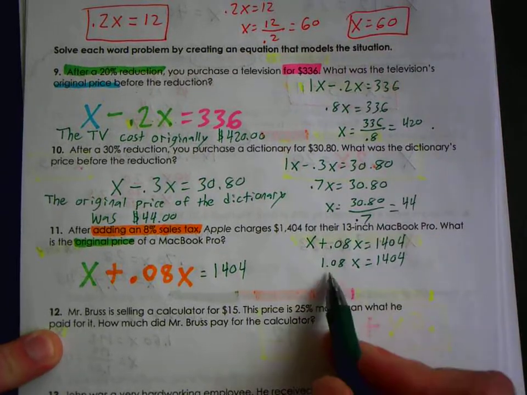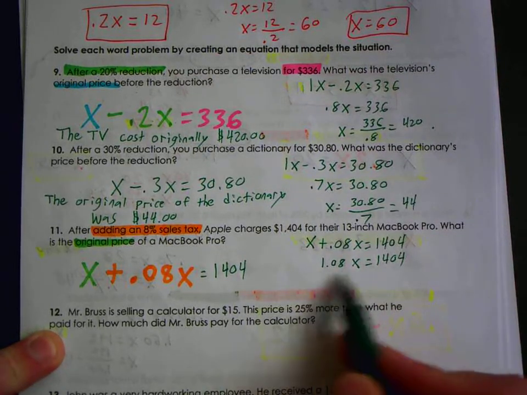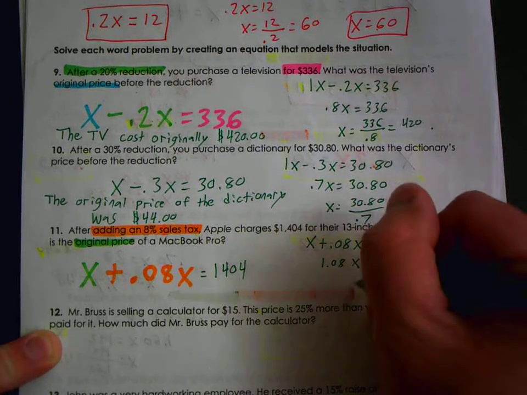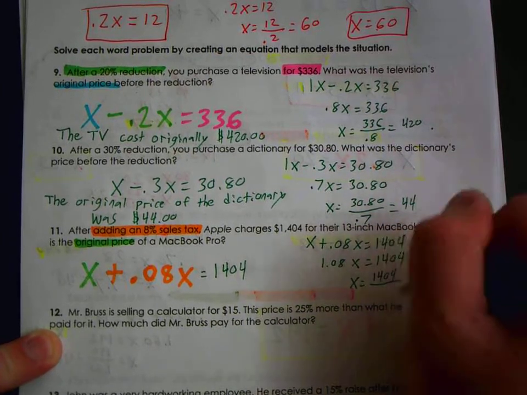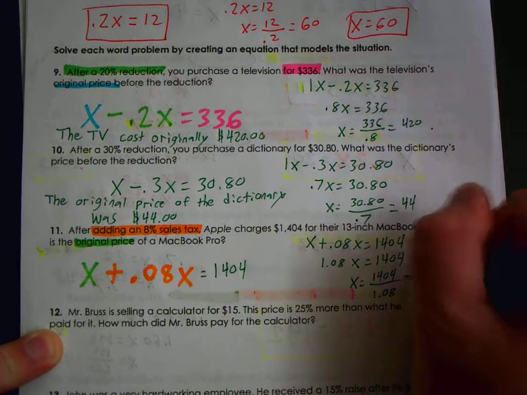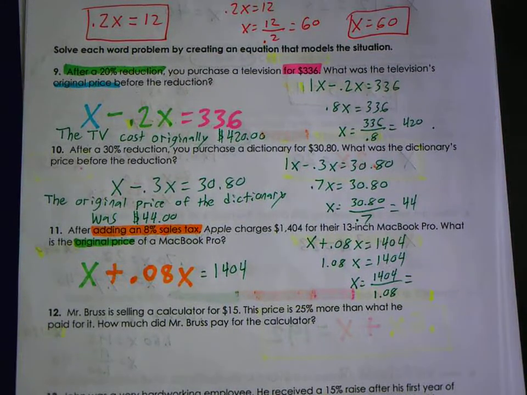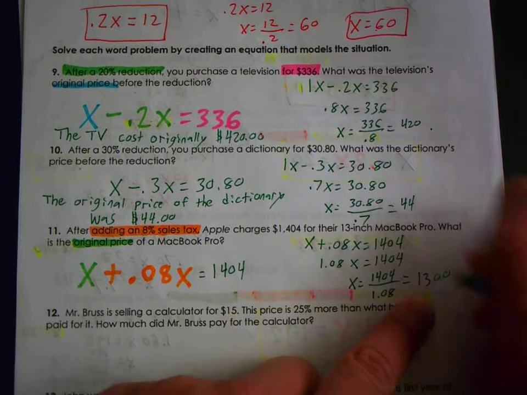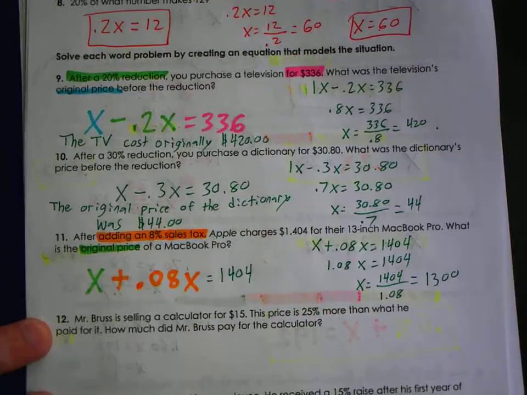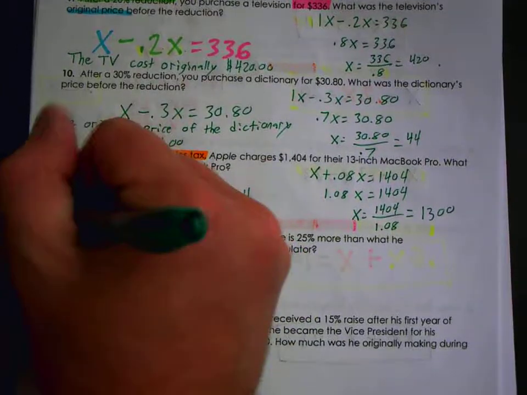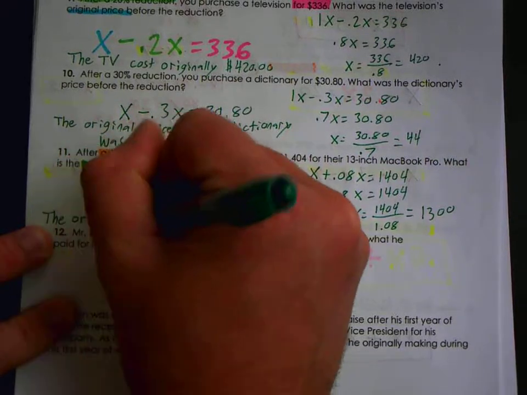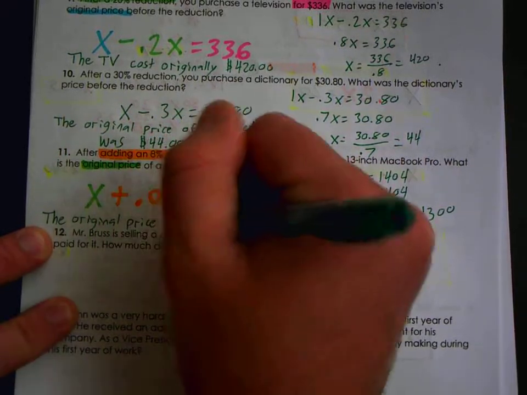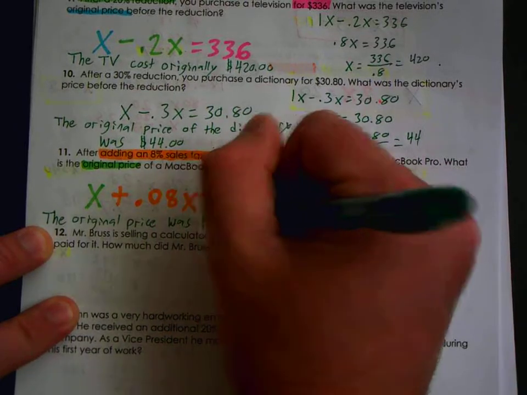So again, when I do these, I skip straight to 1.08 in my head, because the 1 means you paid for the item, and then the 0.08 is 8%. Divide by 1.08. And that is $1,300. The original price was $1,300.